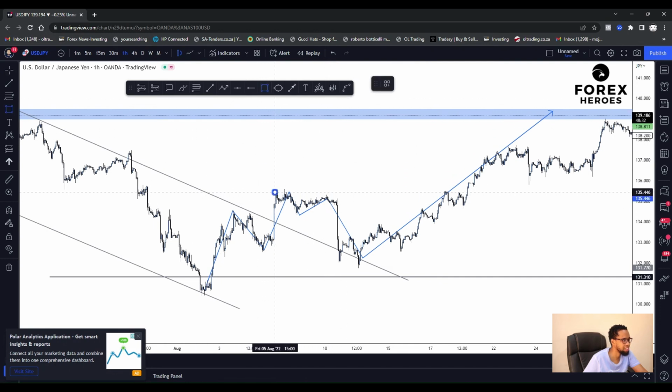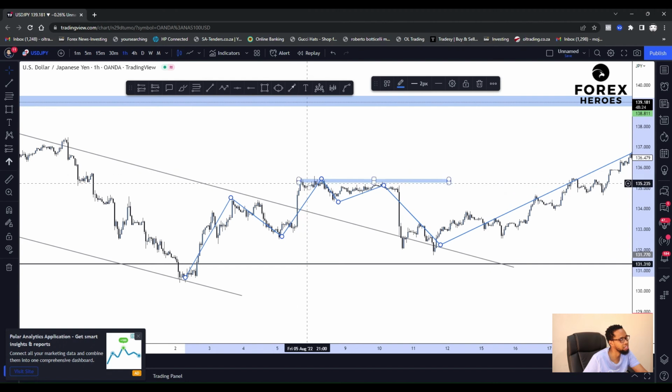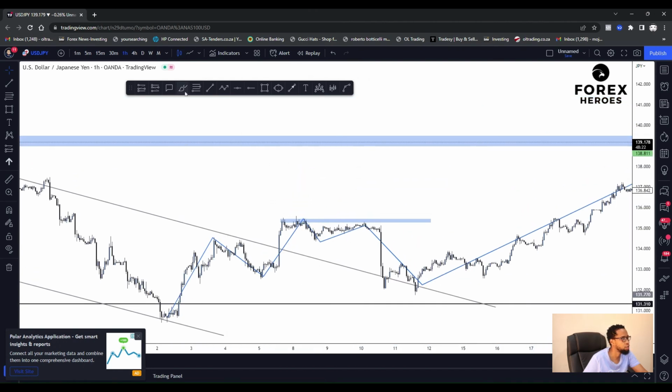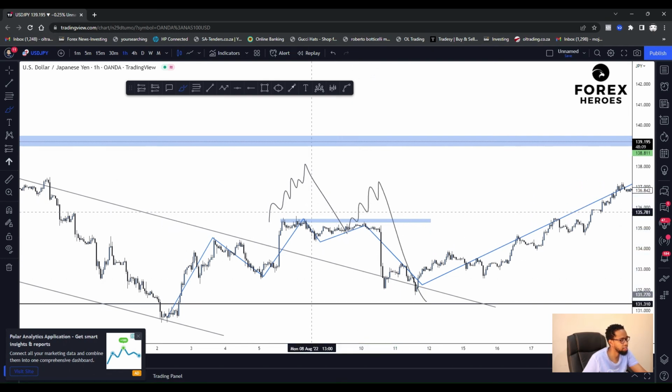Yes, indeed, it is a double top. But what is the previous move saying? The previous move is impulse. And it's not correcting in an ascending manner. If it was correcting in this manner, we would know that, yes, indeed, we want to fall and continue to fall. Understand? But that didn't happen.